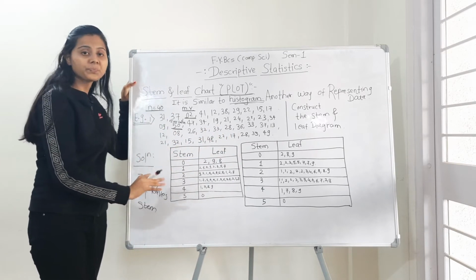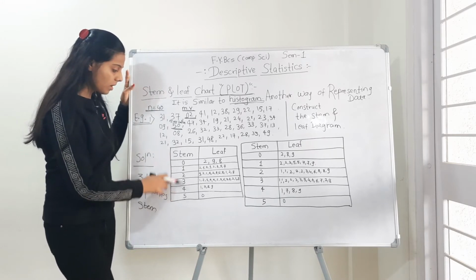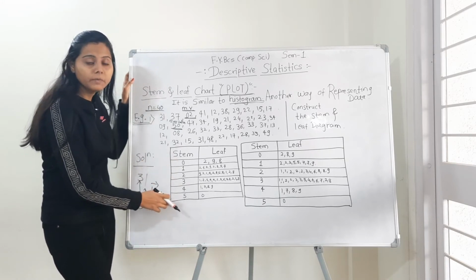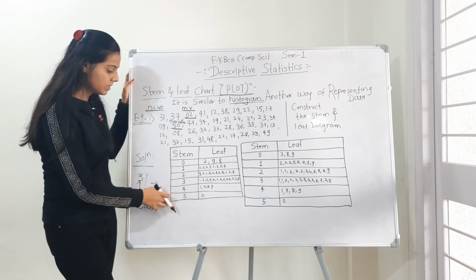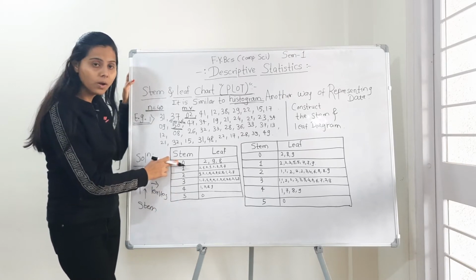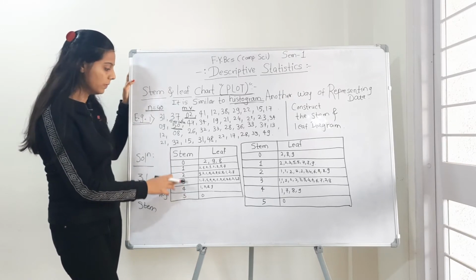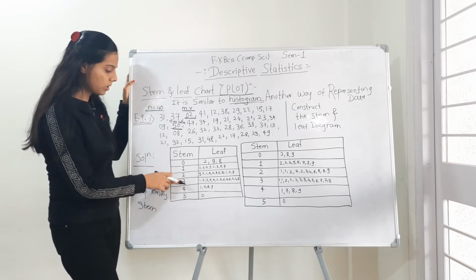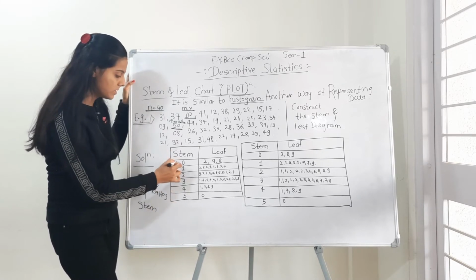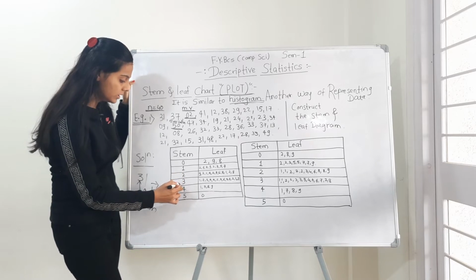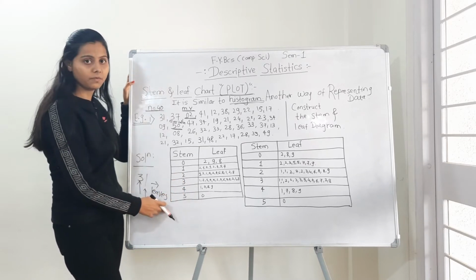So for the stem column, the range starts from 0 and ends with 5. Write down all these numbers: 0, 1, 2, 3, 4 and 5.